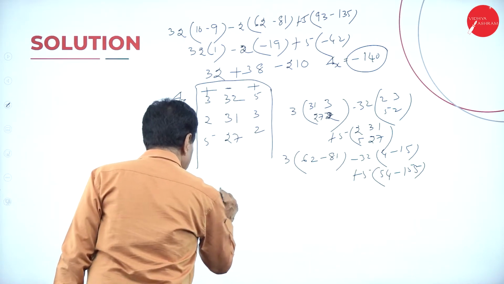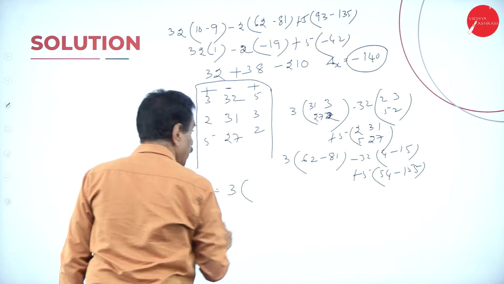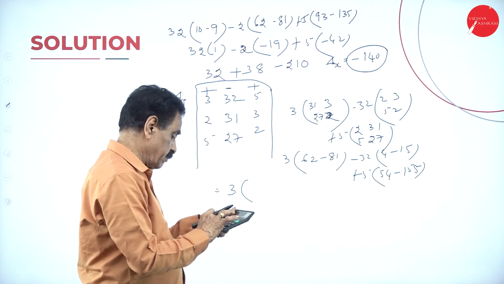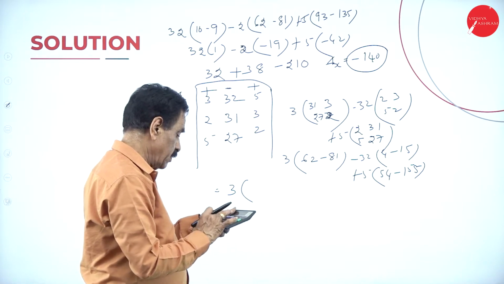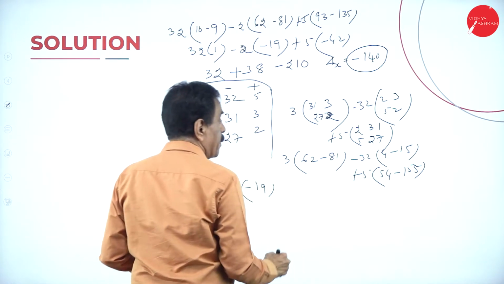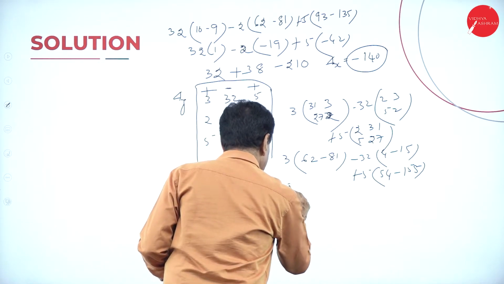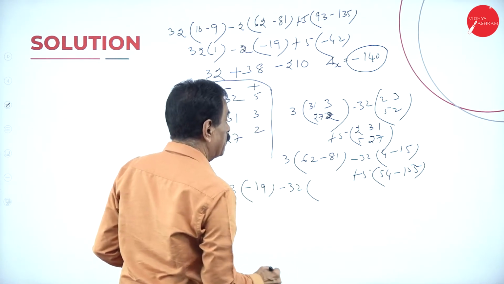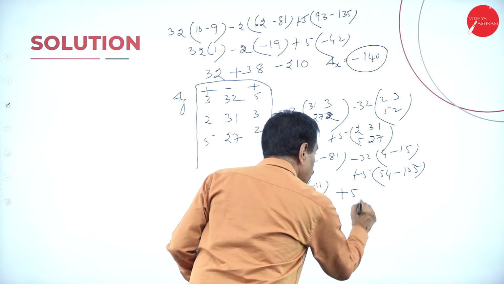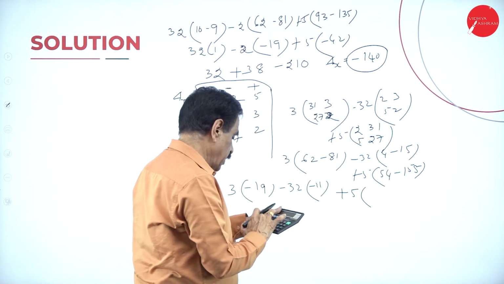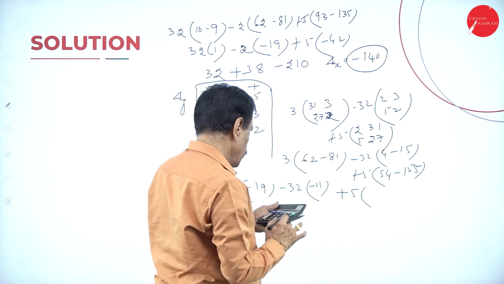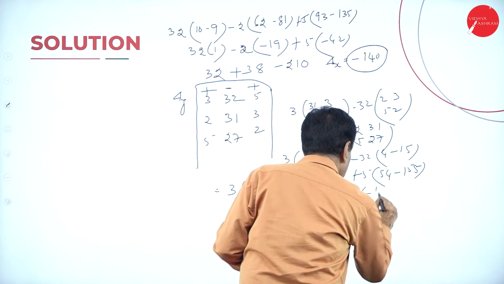Simplify this. 3, 81 minus 62, minus 19. This is minus 32, minus 11, plus 5, 155 minus 54, minus 101.